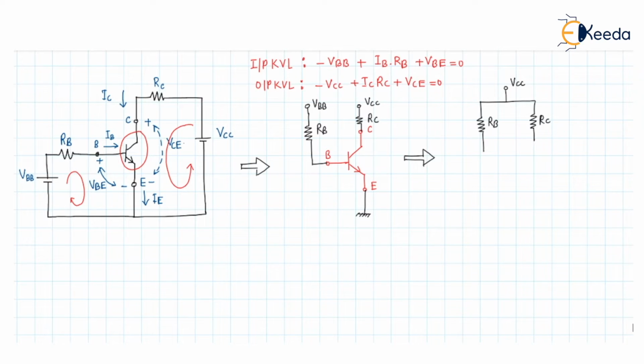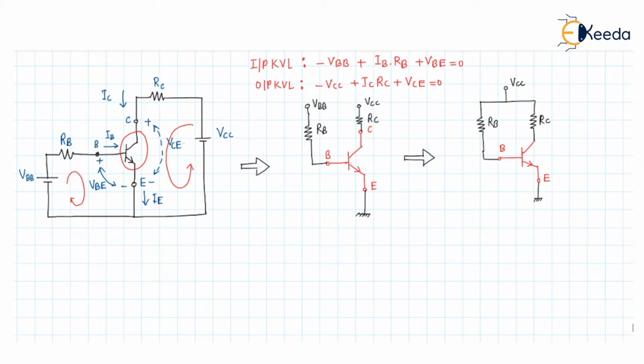So with RC there must be the collector, and this is the base, and this is the emitter. The RB resistor will be connected with the base terminal, and here we will ground it. This is the final circuit we can see.